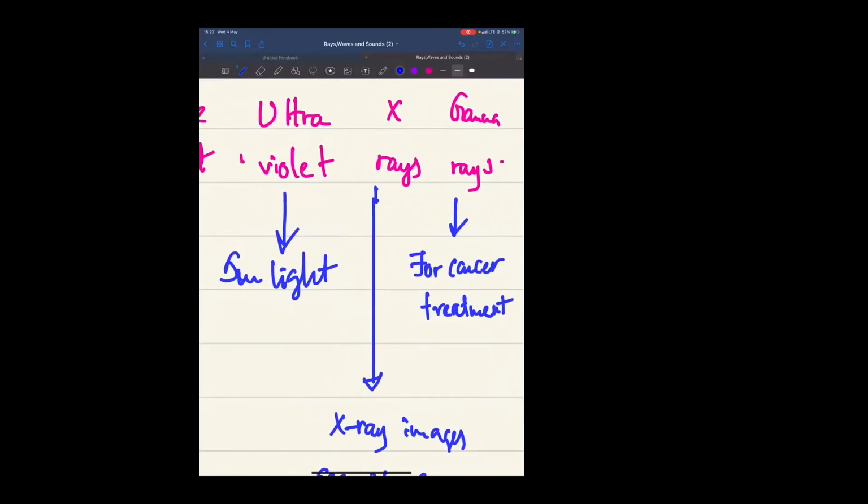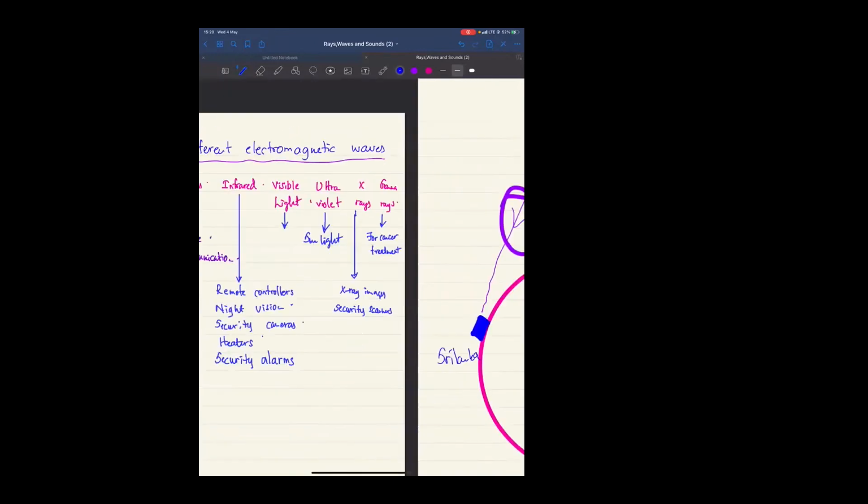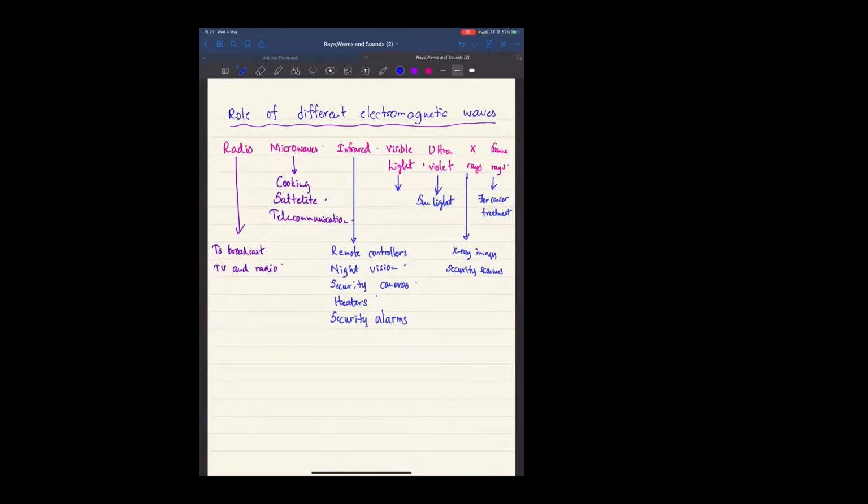Write down the topic: resultant of two vectors.